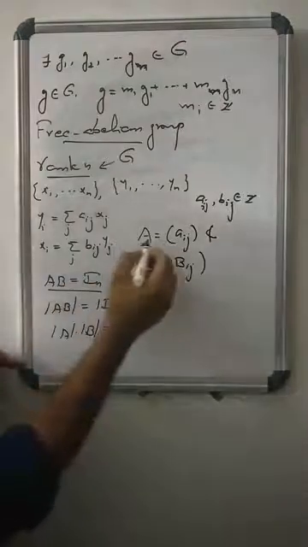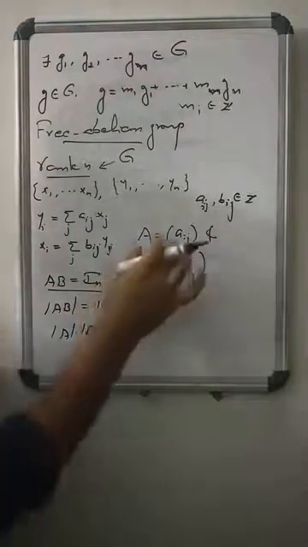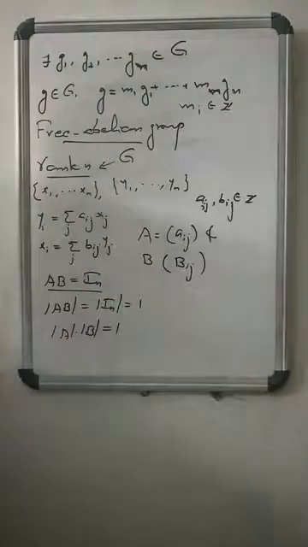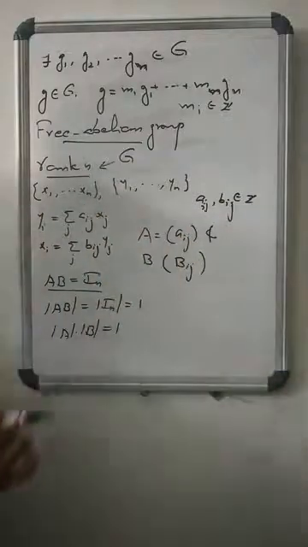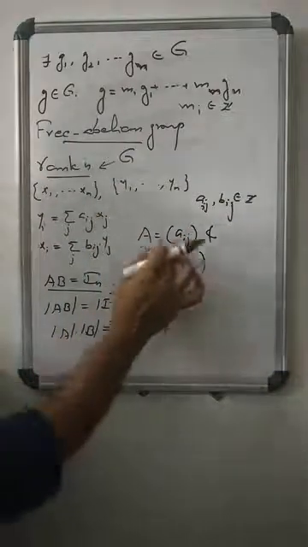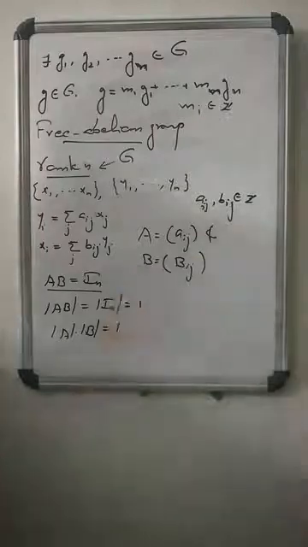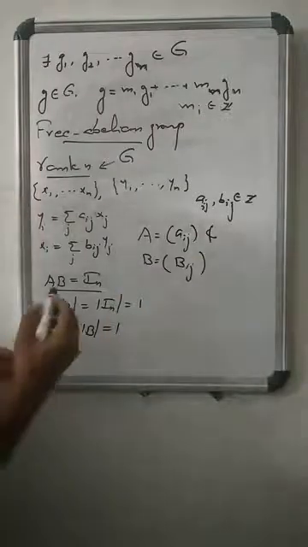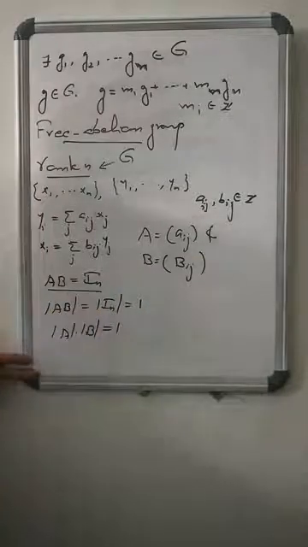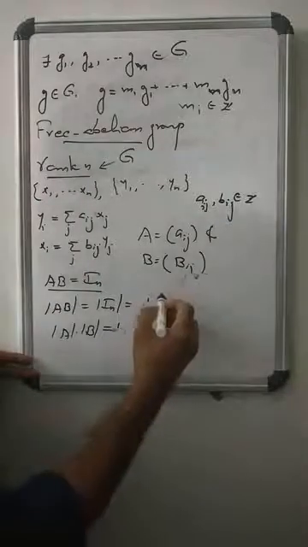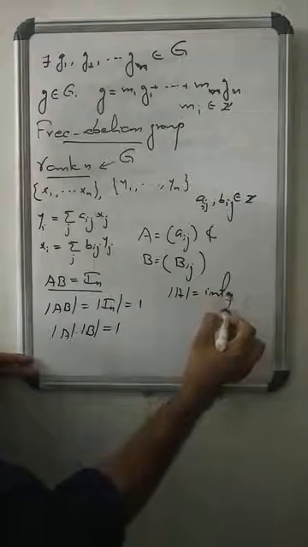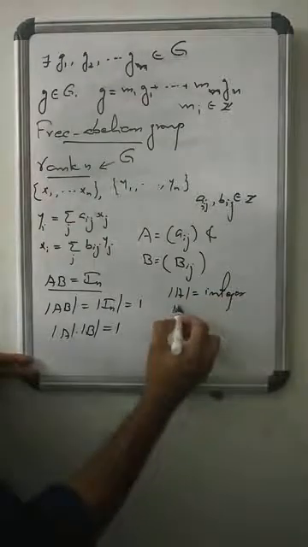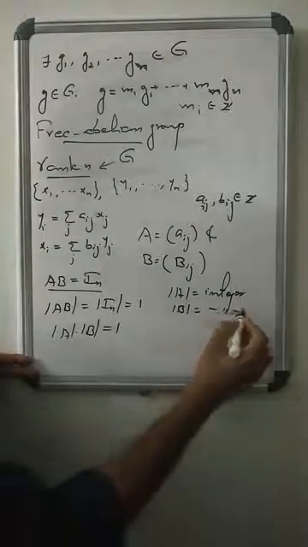A is matrix aij, which means all the entries of A are integers, as well as all the entries of B. Since A and B are matrices whose entries are integers, determinant A is an integer, as well as determinant B.